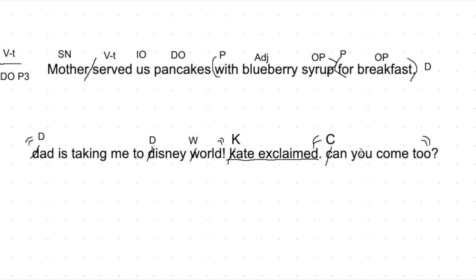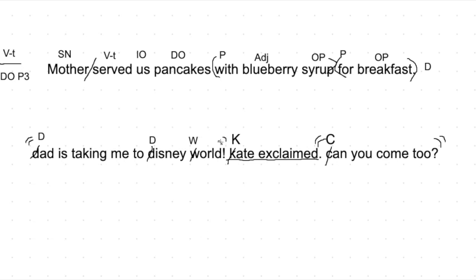I'm going to move over these quotation marks just so that it's clear that the quotation marks always come after the punctuation. I'm going to move these over a little bit too. All right, let's see. Do we have everything? Quotation marks. Dad is taking me to Disney World. Capitalize. Exclamation point.